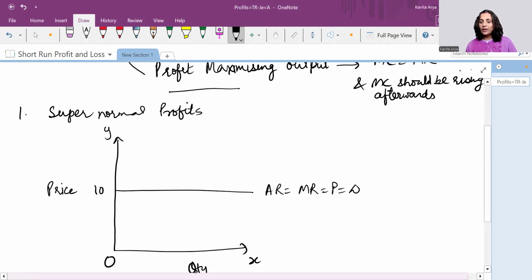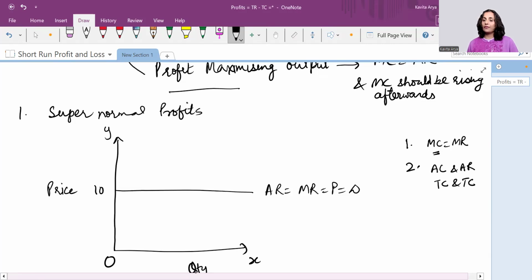So as I told you, what are we in need of? One, we need to have MC is equal to MR and MC rising afterwards for finding the quantity. And second, we need AC and AR to know the TC and TR, and hence we'll find out the profits and losses situation.